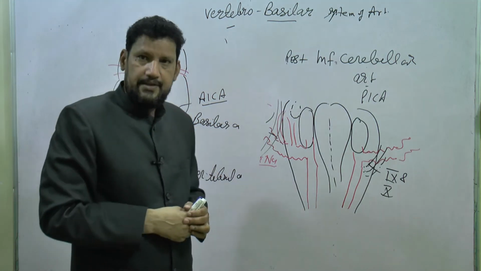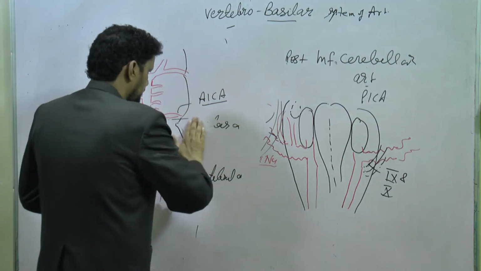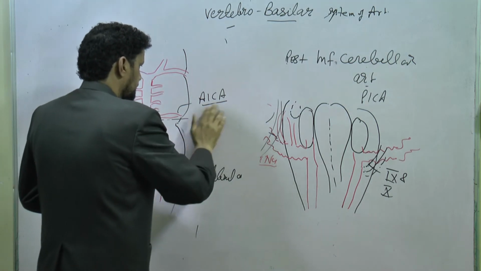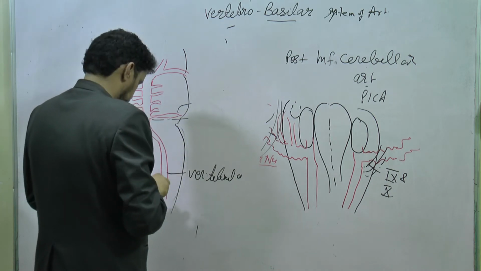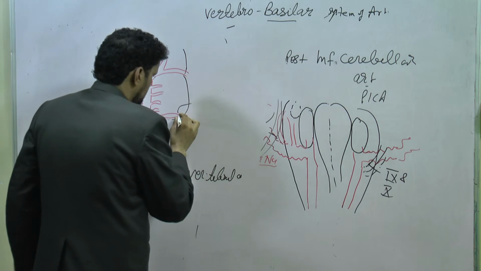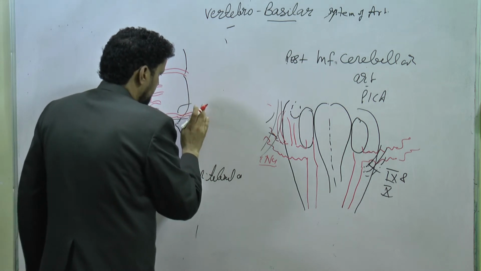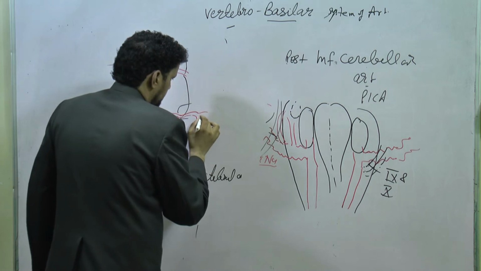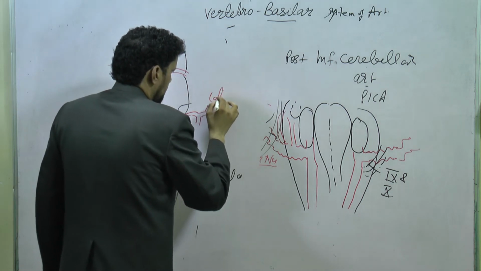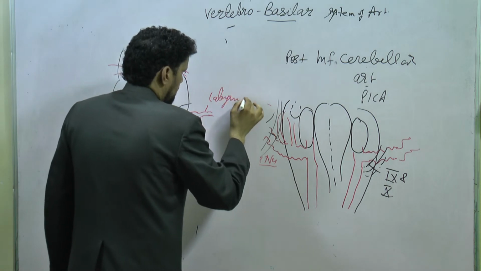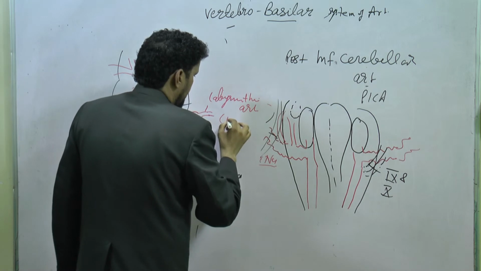If it exhibits a loop there, it provides another branch known as the labyrinthine artery, or internal auditory artery.